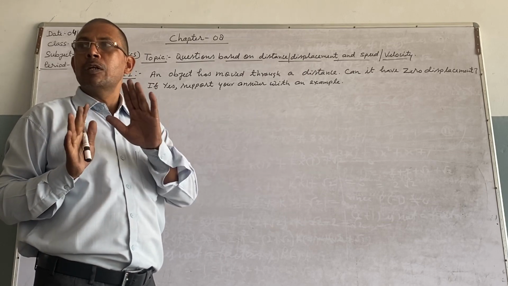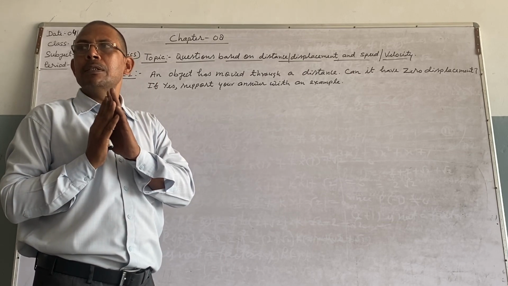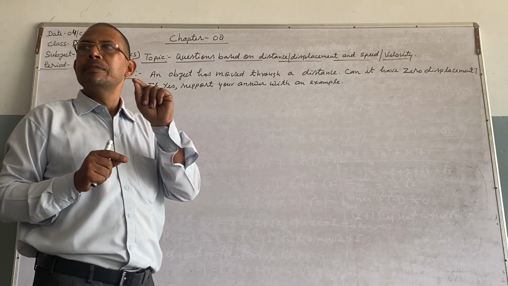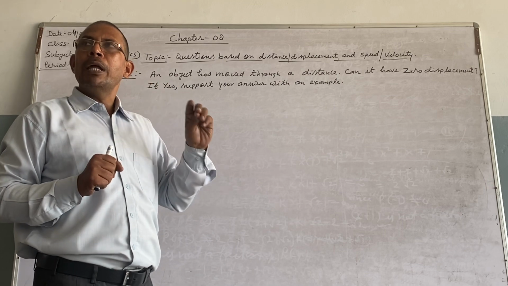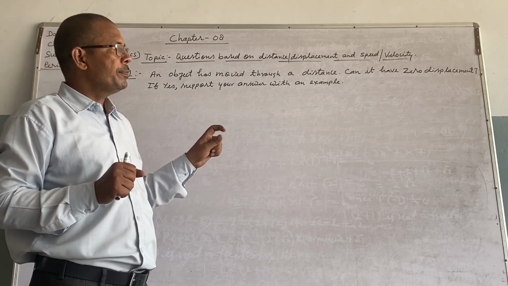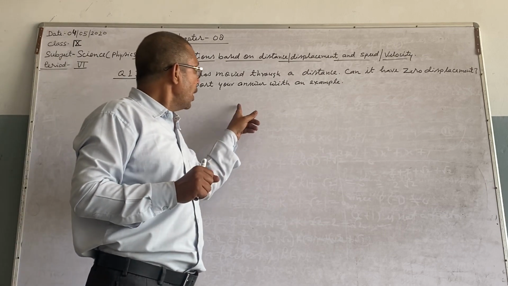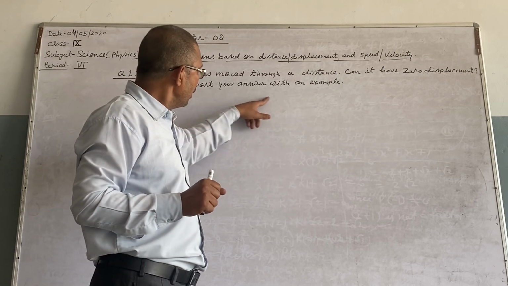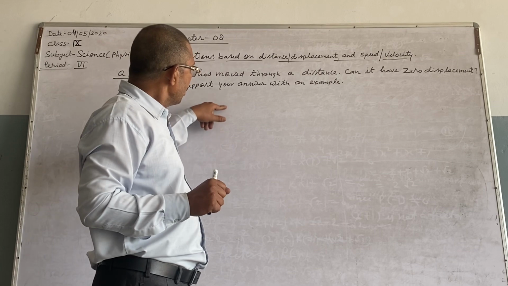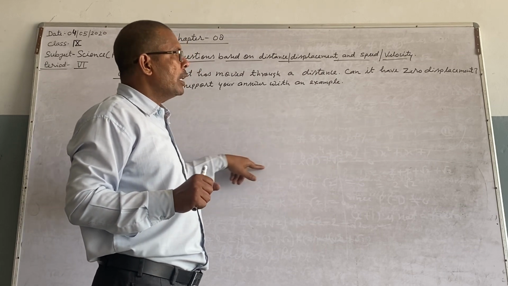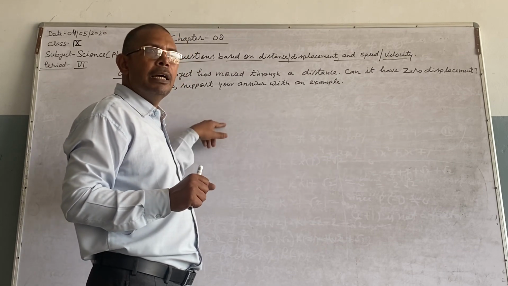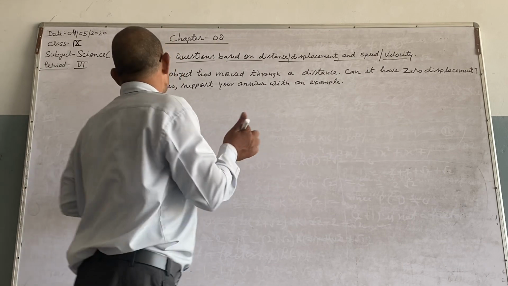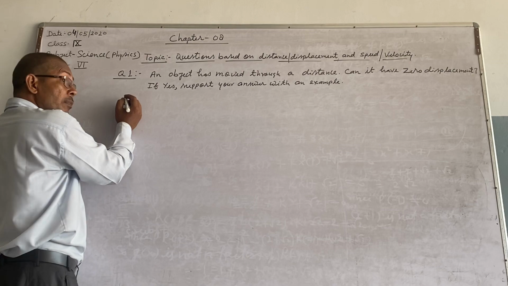While teaching the topic distance and displacement, I told you that when an object moves on a circular track, after completing one revolution, that is one rotation, its displacement is zero, that is initial position and final position both are equal.